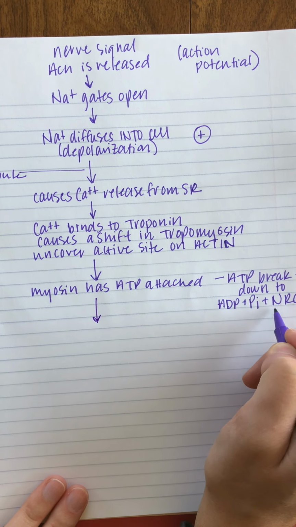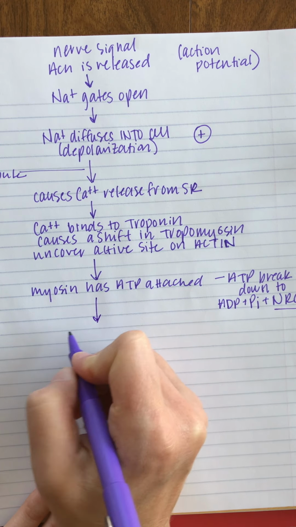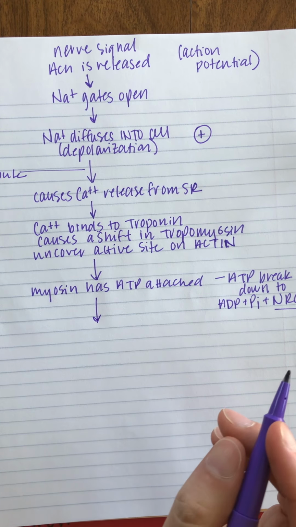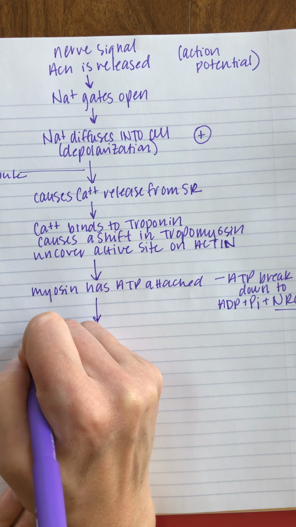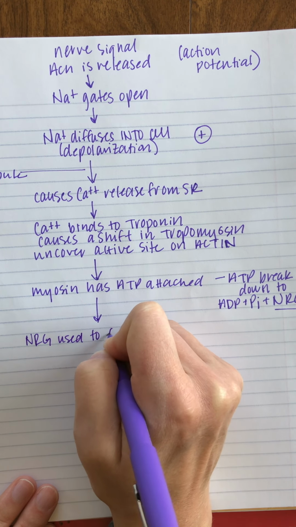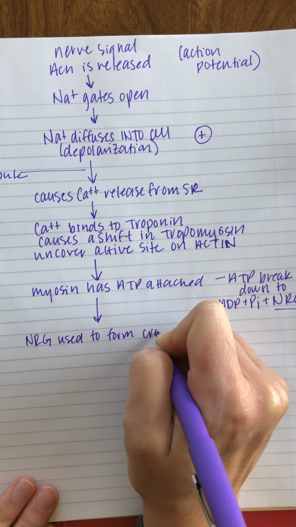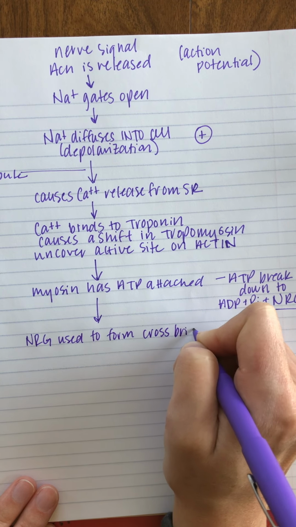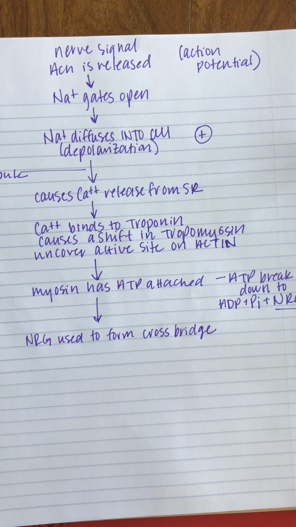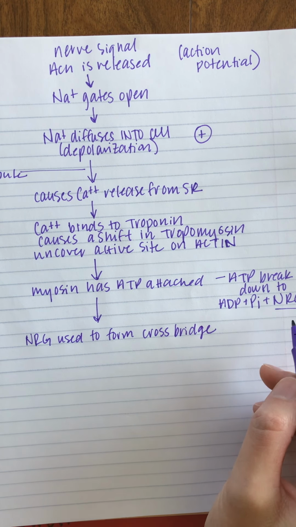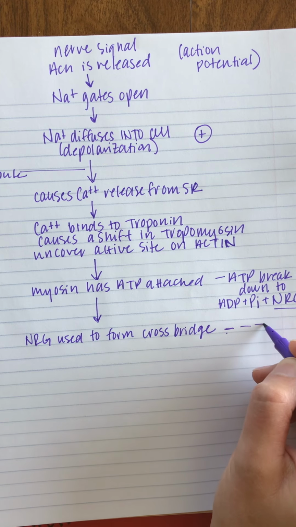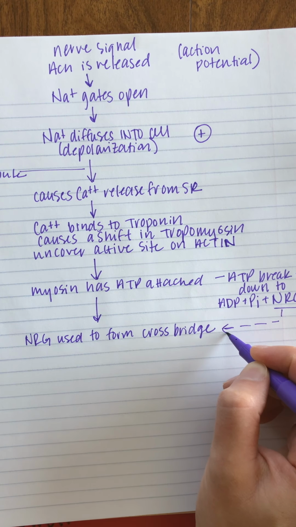So that energy, okay, is used to bind myosin to actin and form that cross bridge. So I'm going to say energy used to form cross bridge, which is just when myosin attaches to actin. Okay, so it basically allows for this connection to happen.